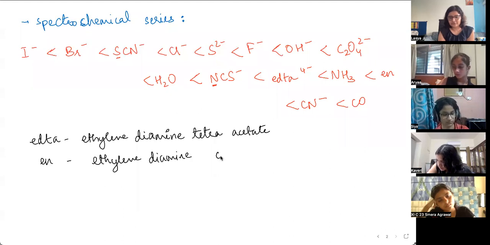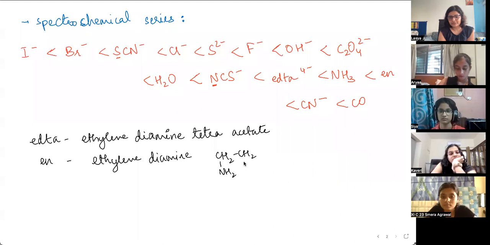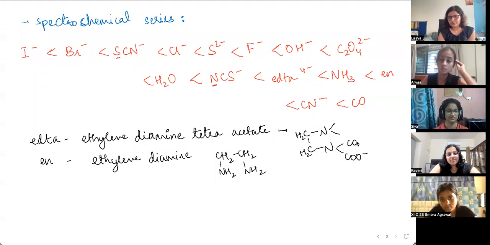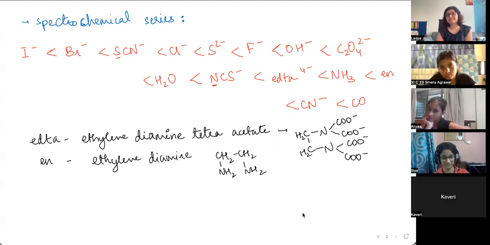So this is an organic molecule. You have CH2, CH2, NH2, NH2. This structure is ethylene diamine. So you have two carbons, CH2, CH2, diamine, and tetraacetate: COO minus, COO minus, COO minus, COO minus.